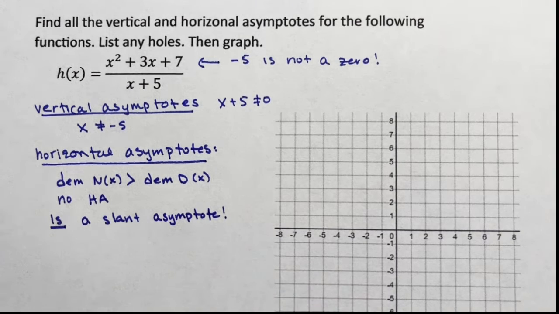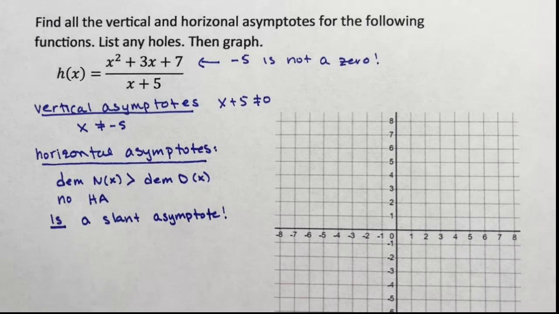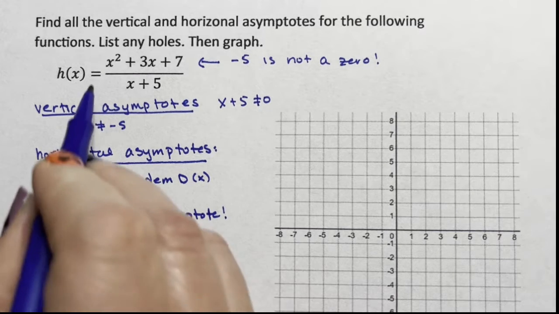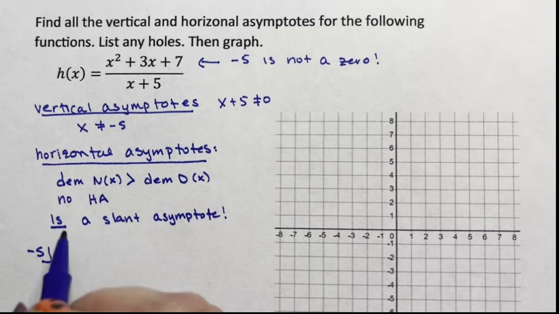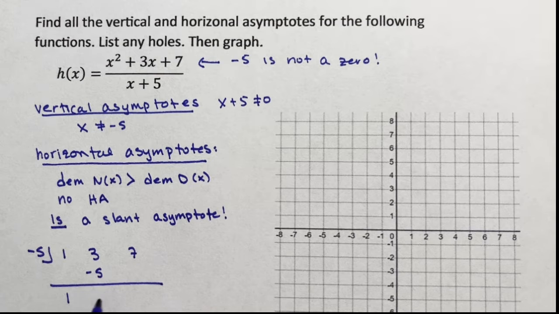To find a slant asymptote, we need to divide. Now, because we have this really simple denominator, we can use synthetic division. We can say, put negative 5 into the box. Our coefficients are 1 for x squared, 3 for x, and 7. Add down and multiply.